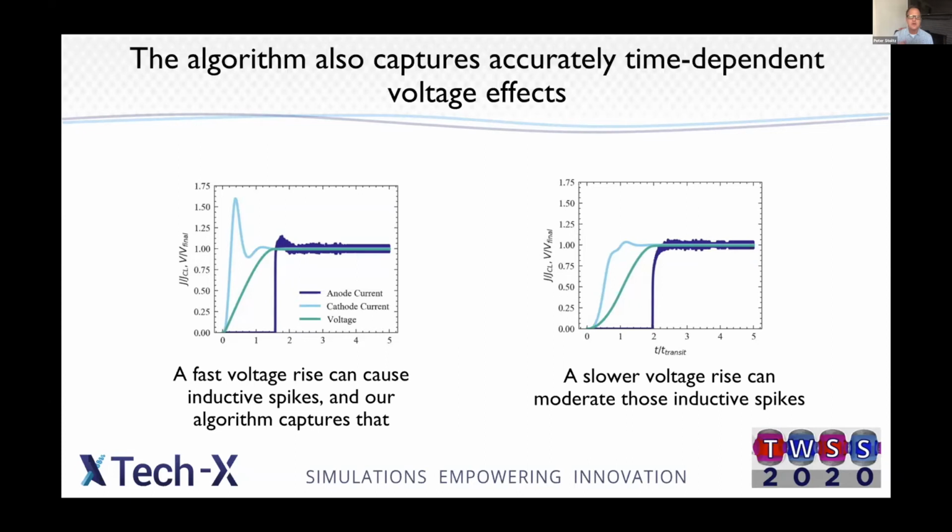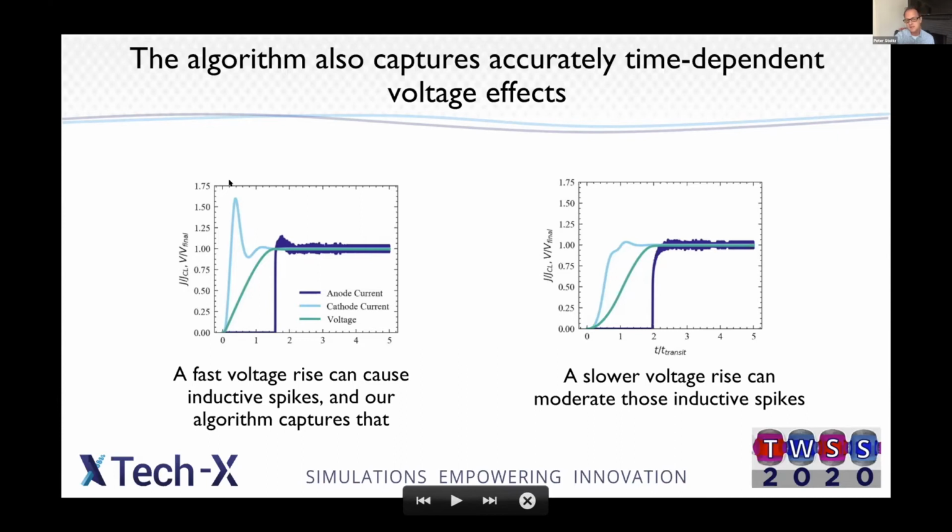And yeah, so there's a new curve here on these plots, and the new curve here is the green curve now represents the voltage. So again, the time is compared to the transit time, and now the green curve shows you the voltage compared to its final value over time. And it turns out, right, that if you ramp your voltage very quickly, you will see an effect on the emitted current off the cathode.